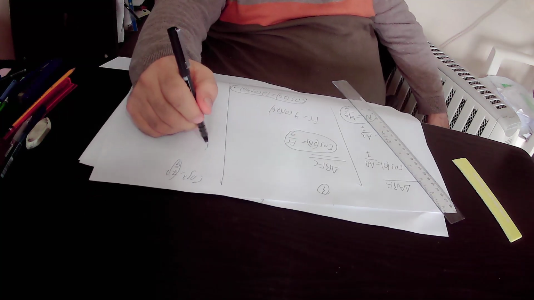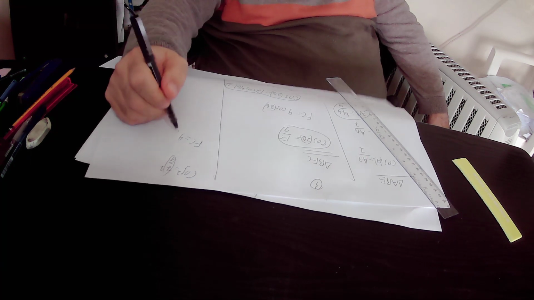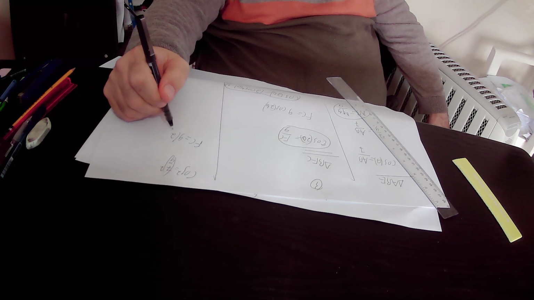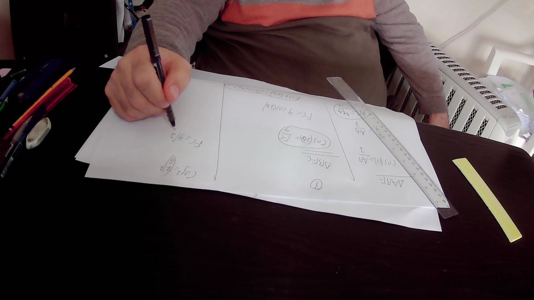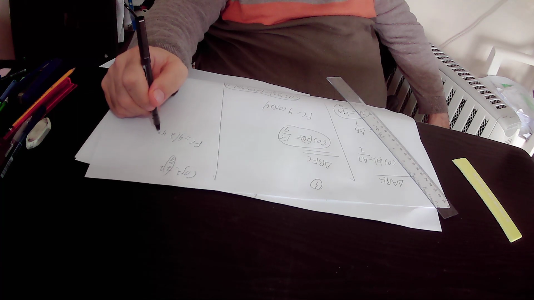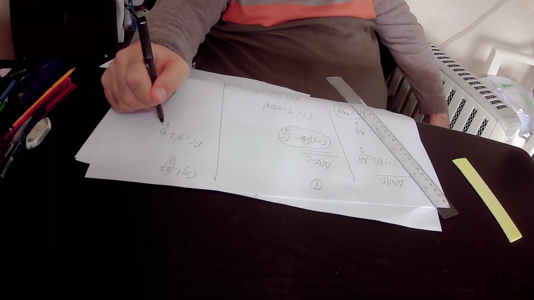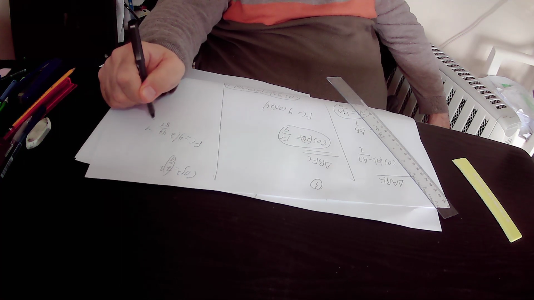Here we get that FC equals 9 times 2 times 49 over 81 minus 1.